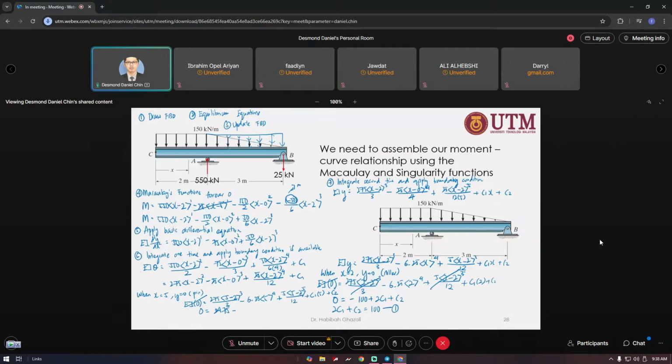Minus 5 to the power of 4 times 6.25, that is 3906.25. Then 3 to the power of 5 times 5 divided by 12, that is 101.25, plus 5C1 plus C2.